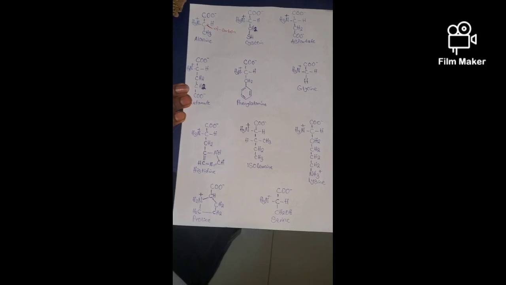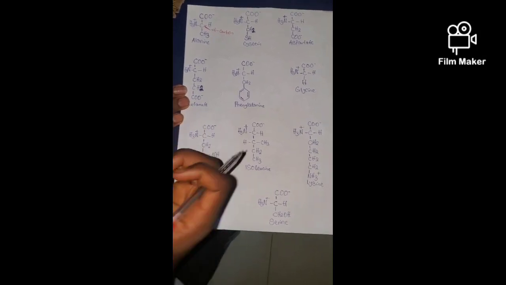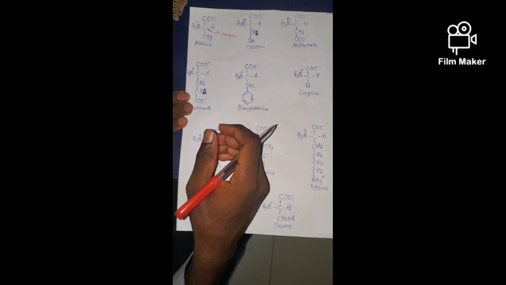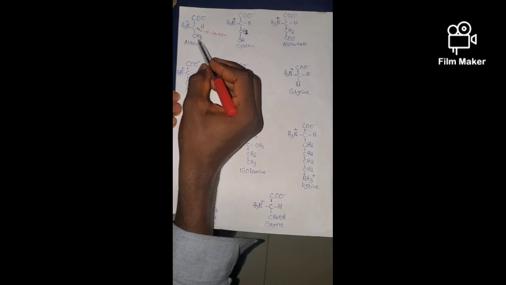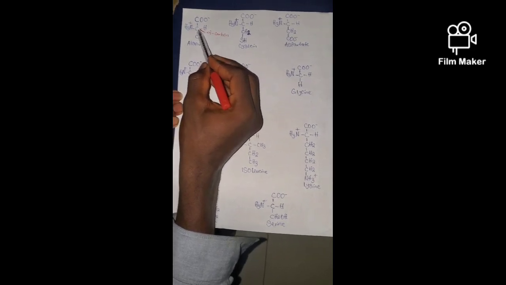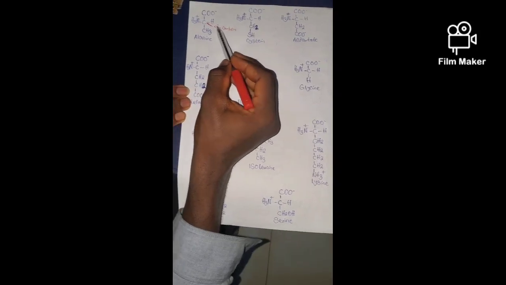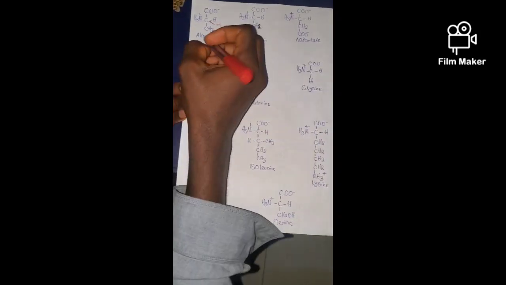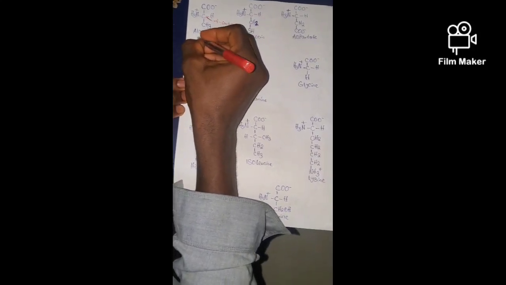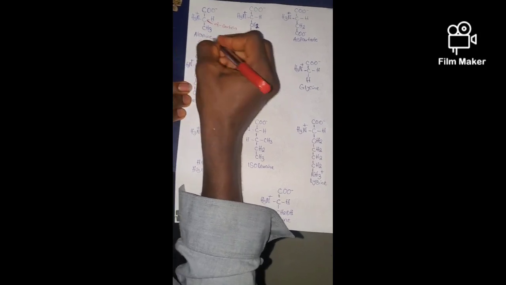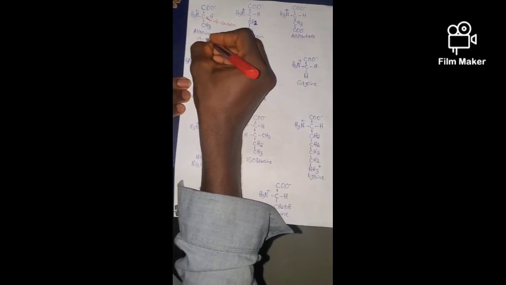I'll write it in the form of a molecular name that will help you to easily recall the structures. All right, so we have alanine, we have the CH3 attached to the central carbon atom, that is the alpha carbon here. So we can abbreviate the structure of alanine to be alpha methyl.